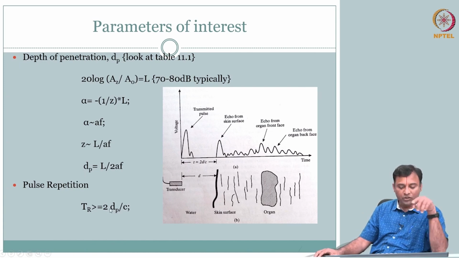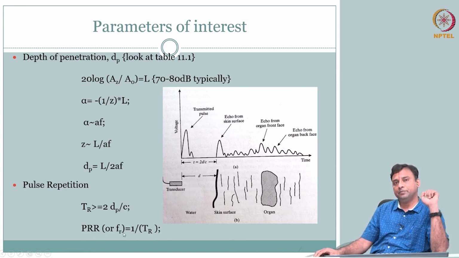Okay. Of course, more commonly we can also write this as pulse repetition rate, which is 1 by TR. So this is a very important parameter that is going to dictate how fast you can send the next pulse. If you fix pulse repetition rate, in some sense you are determining how deep you want to listen. Okay.